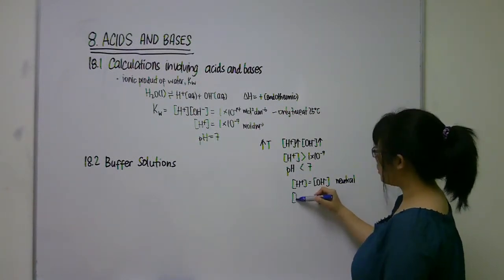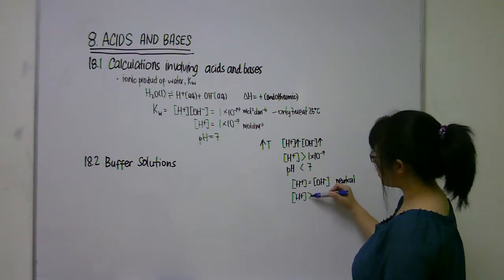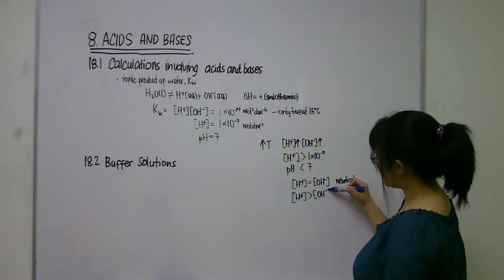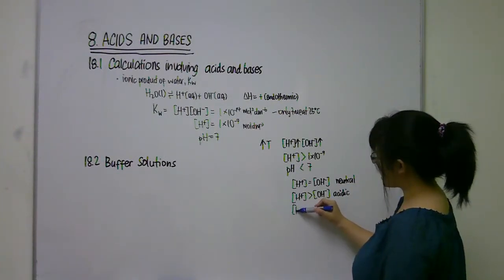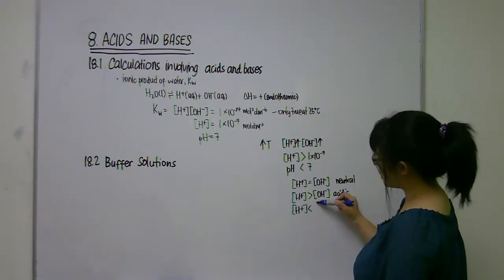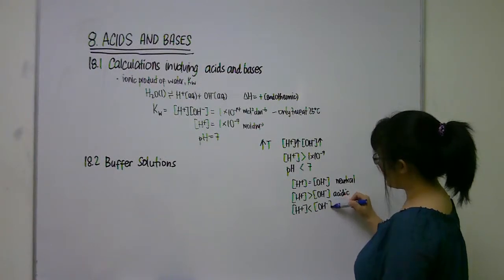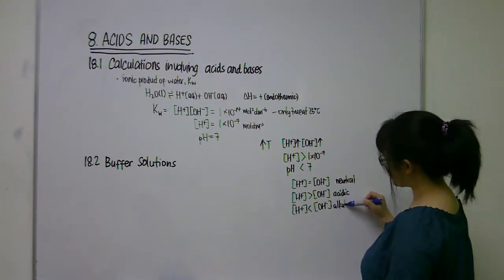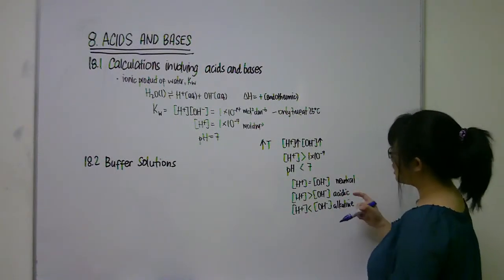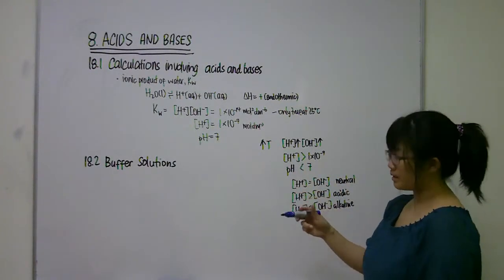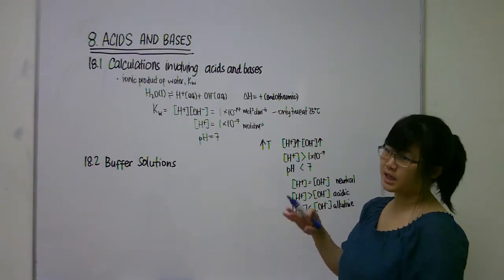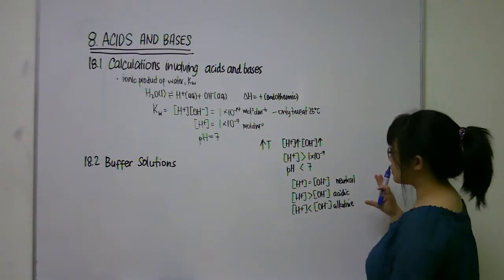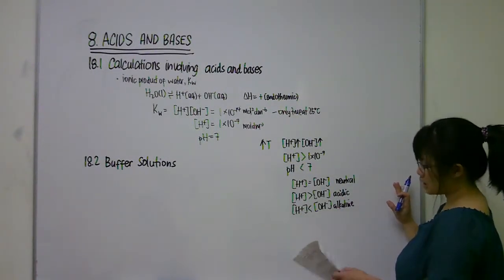We define something as acidic only when H plus is greater than OH minus, and alkaline only when H plus concentration is smaller than OH minus concentration. So even though at higher temperature the pH of water is less than 7, it is not acidic, it is still neutral. This is something that you have to explain to your student.